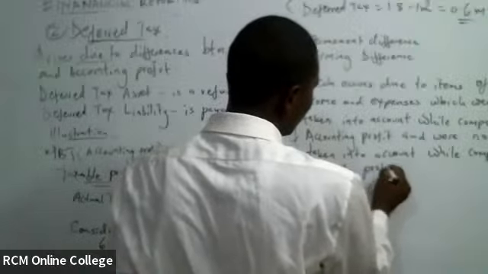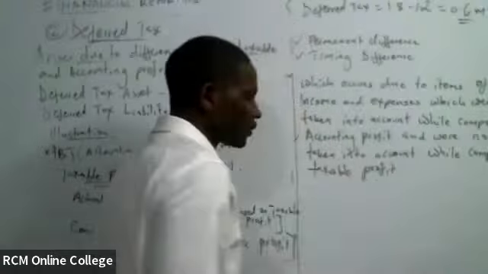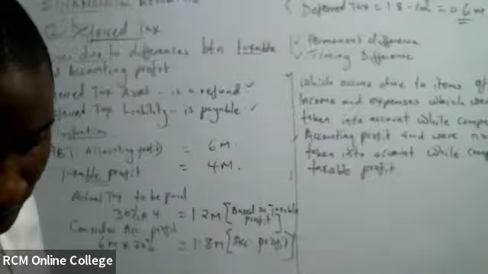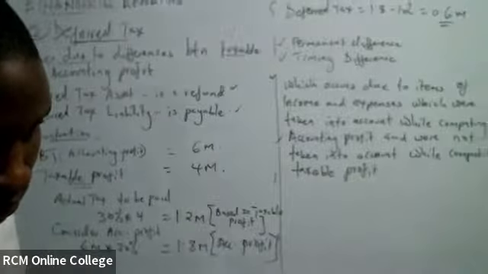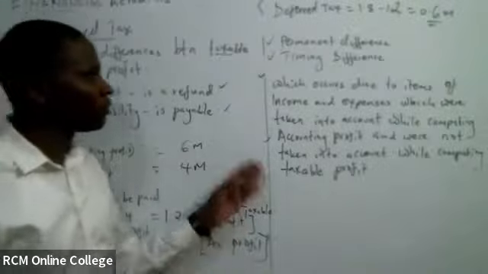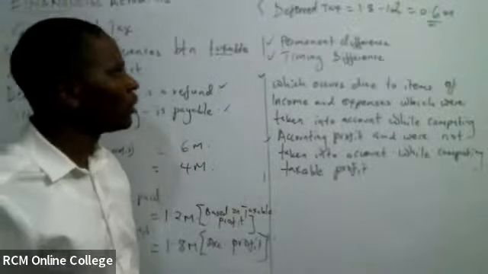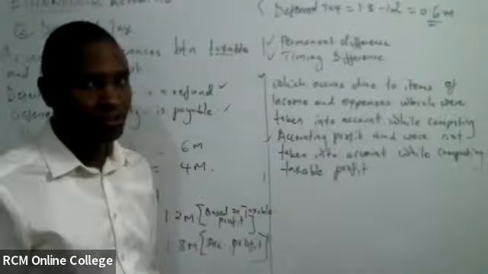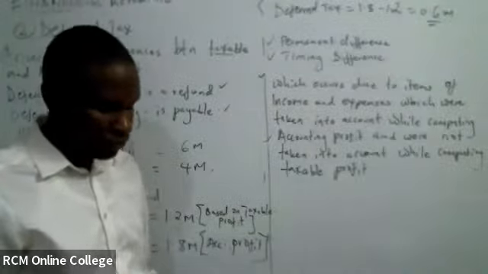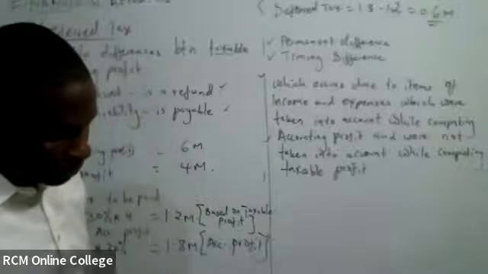You know, when we are computing taxable profit, there are those items which are allowable and there are those which are disallowable. So this concept may give rise to a permanent difference.